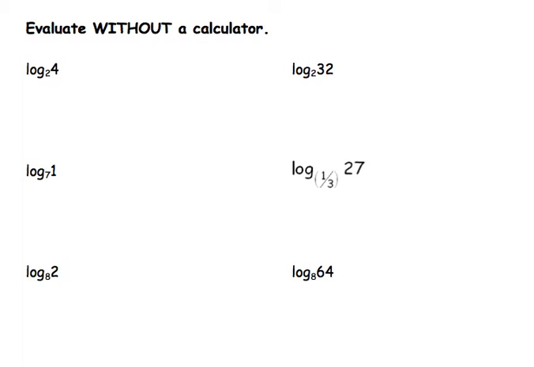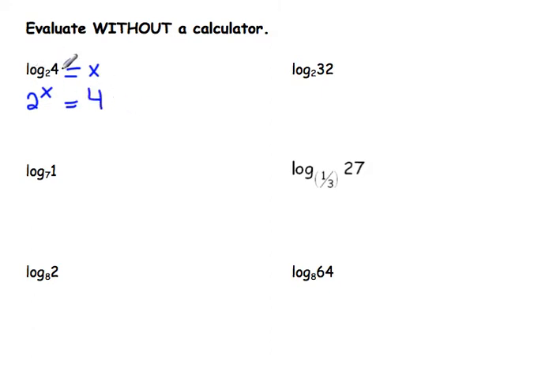Evaluate without a calculator. Just assume that this equals x, and x is what I'm trying to solve for. Remember, the base of the log has an exponent that's on the other side of the equal sign. So what you're really thinking is 2 to what power is going to give you 4.